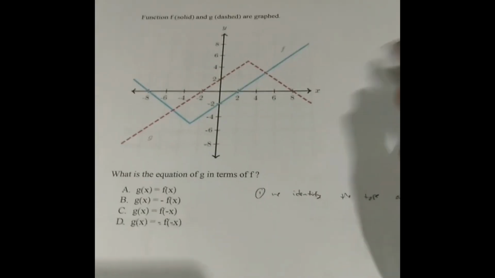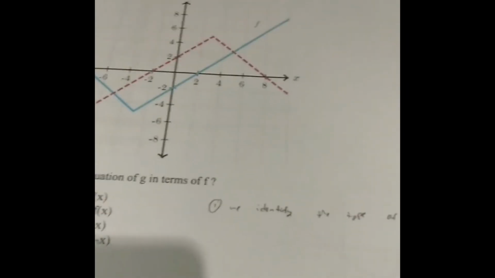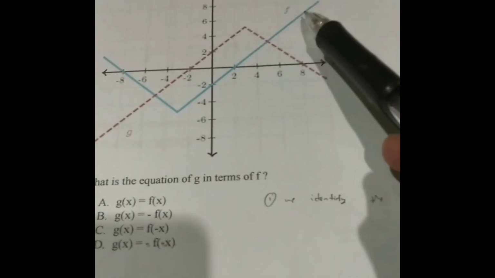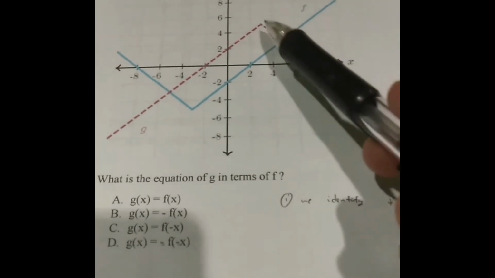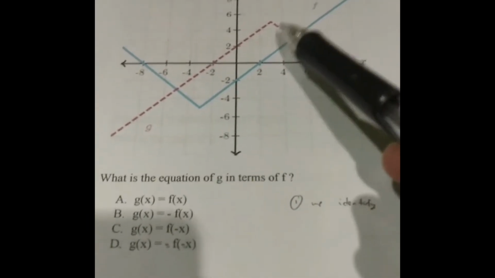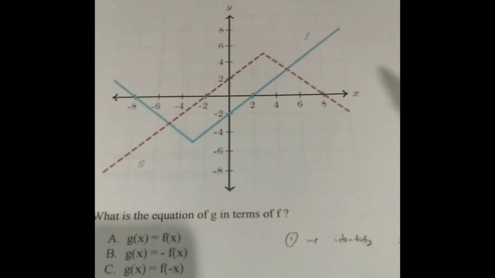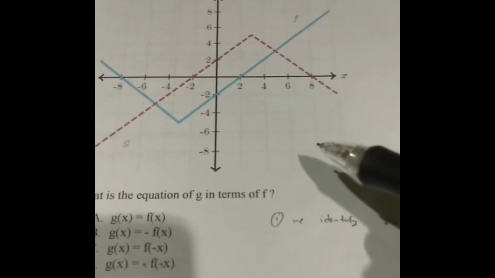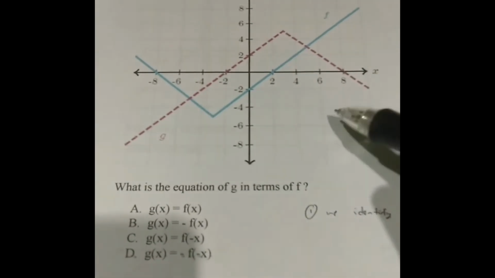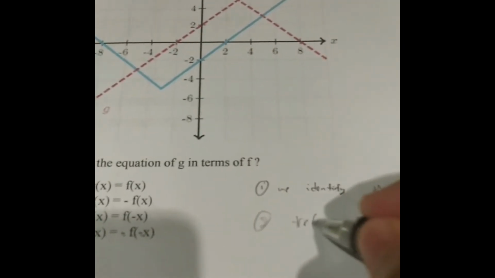So this is the fifth question. Okay, the first step, like always, we identify the type of transformation. The blue solid one is the original graph, and the dotted line is the transformed graph. As we can see, the graph is reflected on the x-axis and y-axis. So this is a type of reflection.